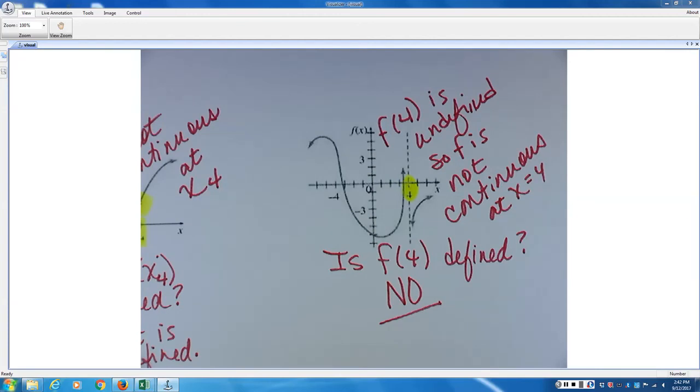You only do the second step if step 1 is a check. You only do the third step if step 1 and 2 are both checks. Do your steps in order.